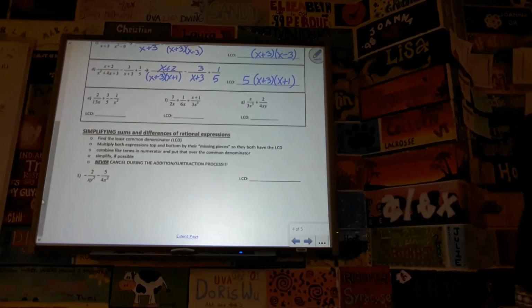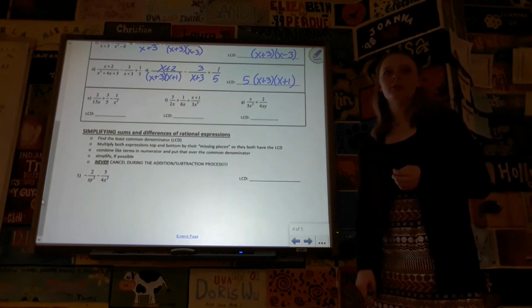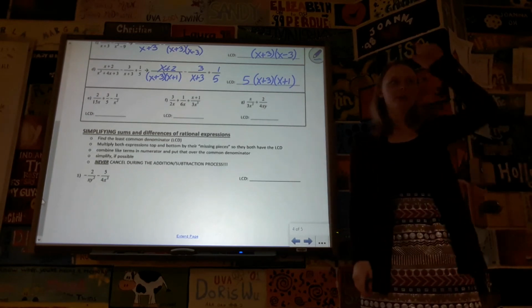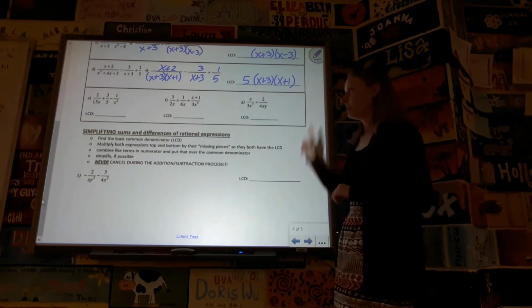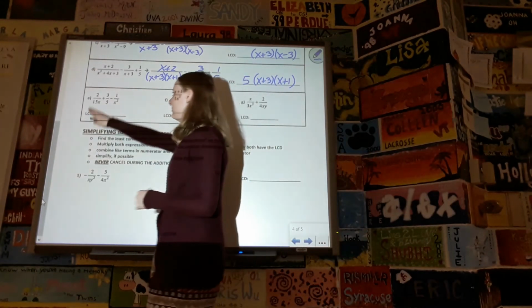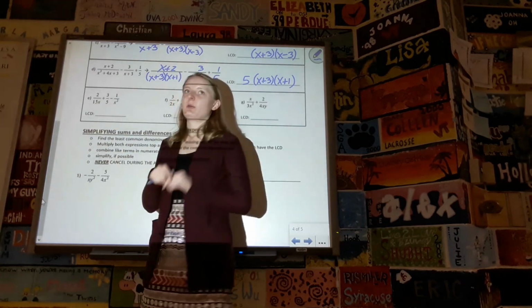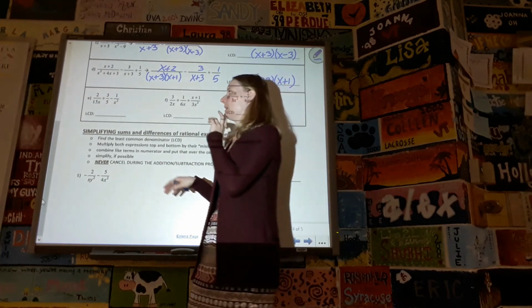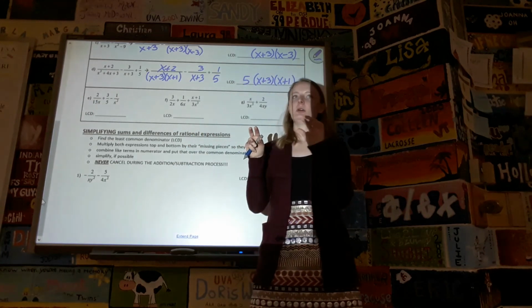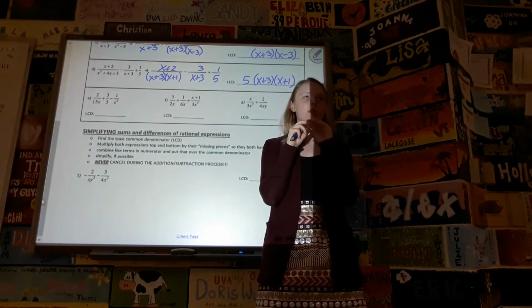Let's do a bunch where it's just monomials. So these examples are going to be just like what we did top right in the very upper box there. So again, looking over here, I have 15x by the x squared. So again, what I want you to do is think of the numbers first and then the variable second. So if I'm just thinking of 15 and 5, what's the least common multiple? 15.